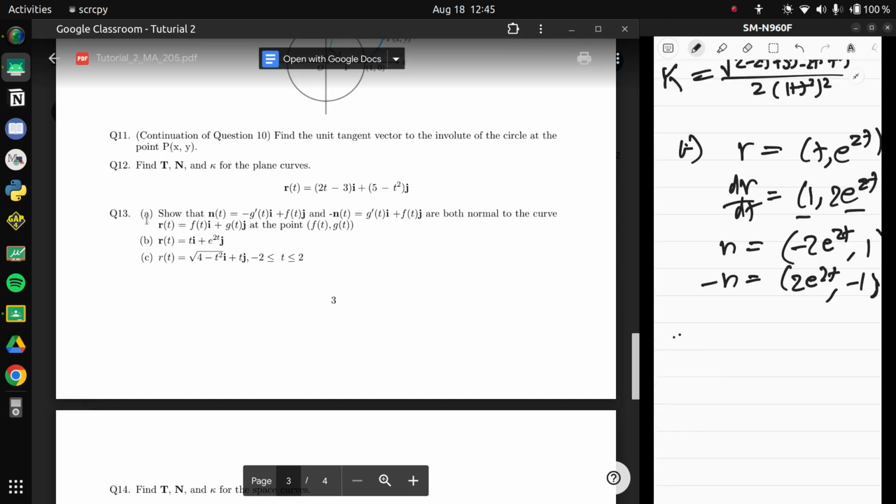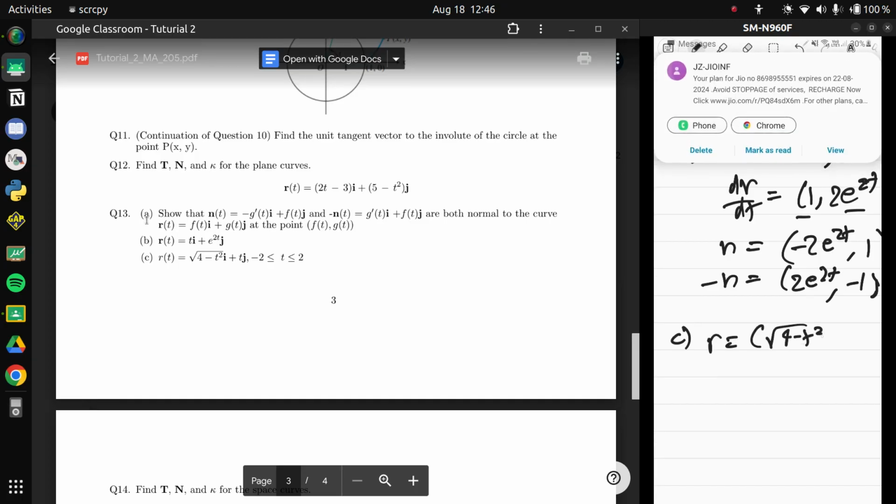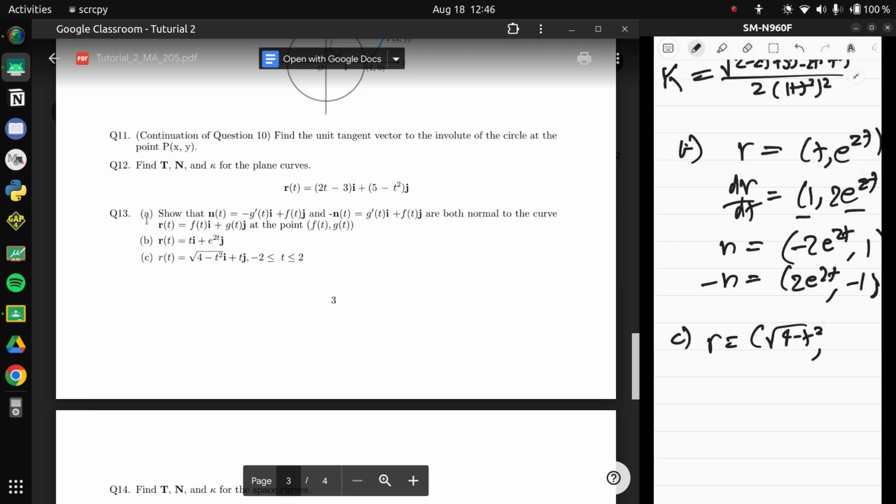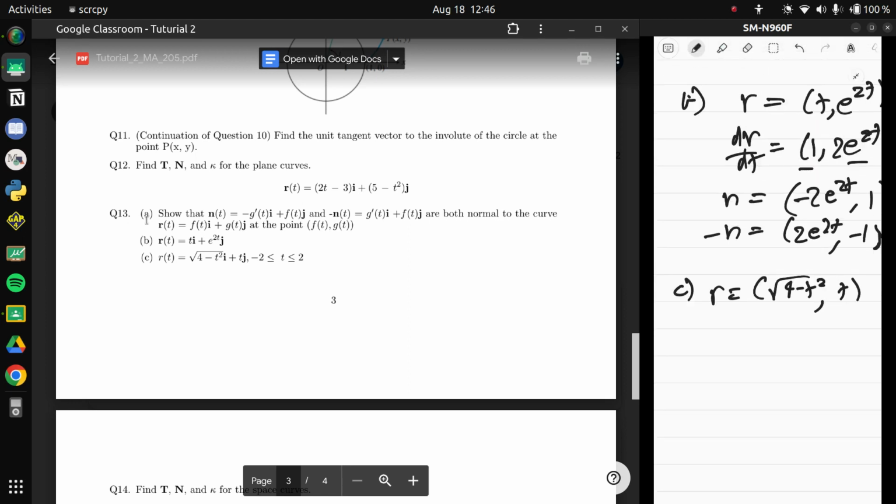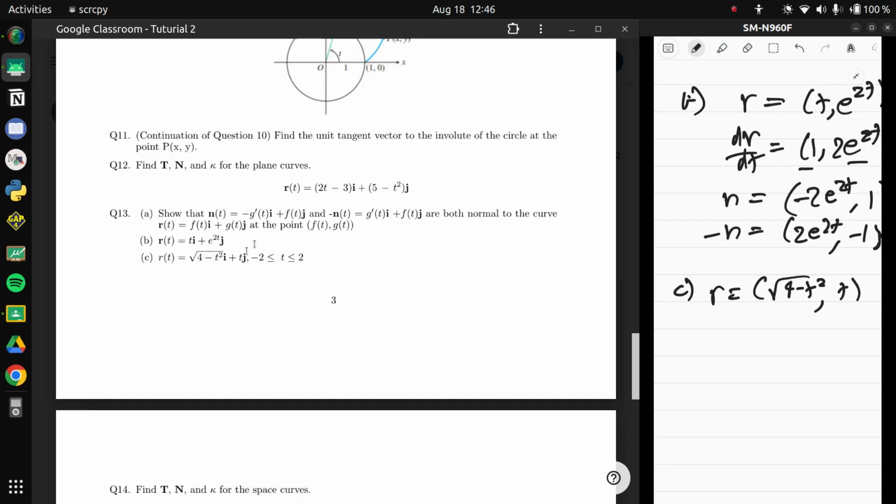Okay, what about C? Sorry for that. It's constrained somehow. Okay, that's because you want this square root thing to be a real number. So dr by dt is like 1 over there, and just something like that.